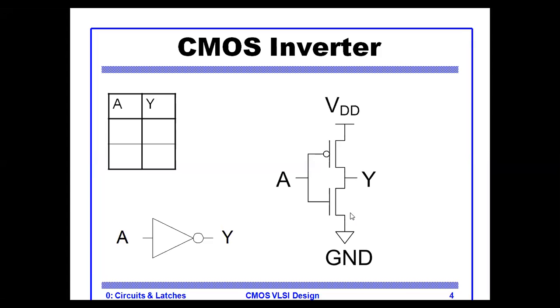By connecting the drain terminals of these two transistors, you can take the output from this circuit. So this is the connection to implement a CMOS inverter circuit.